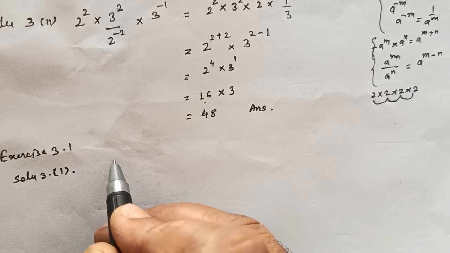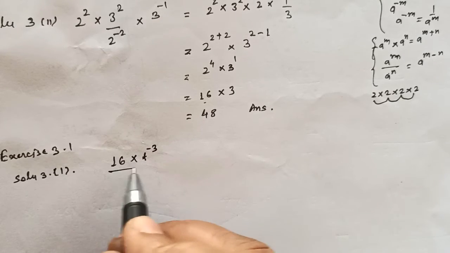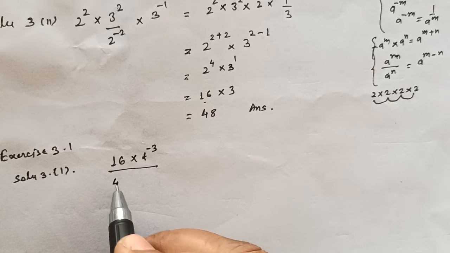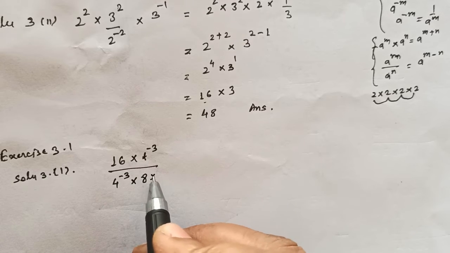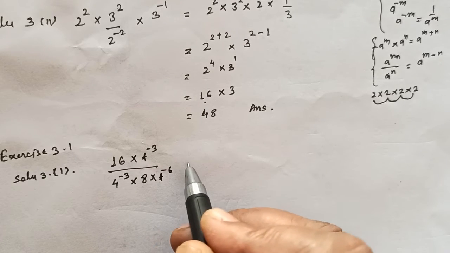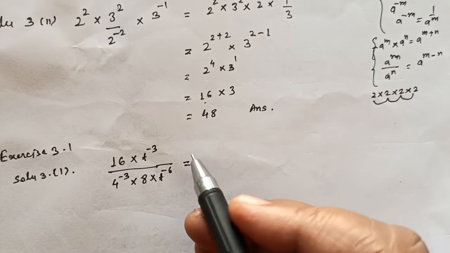First, 16 multiplied t power minus 3 upon 4 to the power minus 3 multiply 8 multiply t to power minus 6. First we solve negative power.